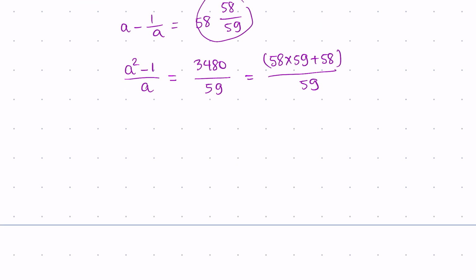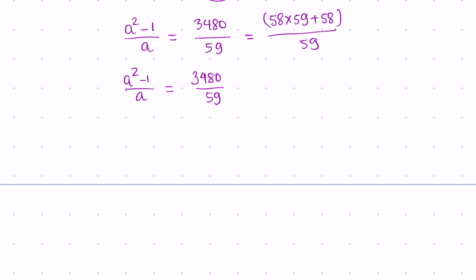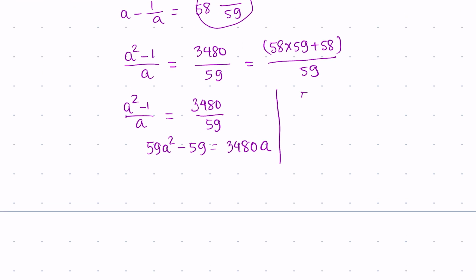Okay. So a minus 1 by a is equal to 3480 by 59, or 59 a squared minus 59 is equal to 3480a, right? So now simplifying that further, we get 59 a squared minus 3480a minus 59 is equal to 0.